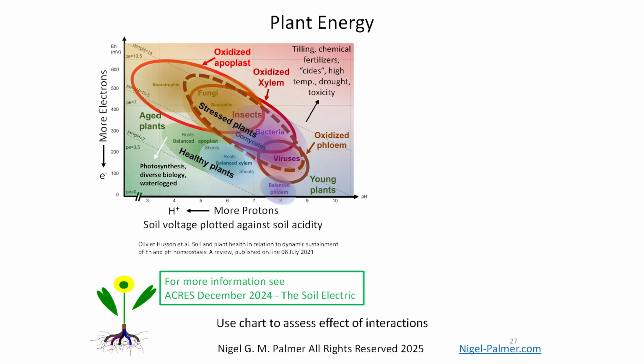So the important thing of this chart is to not so much understand it specifically, but recognize that your actions, your interventions in the garden are going to move you on this curve.